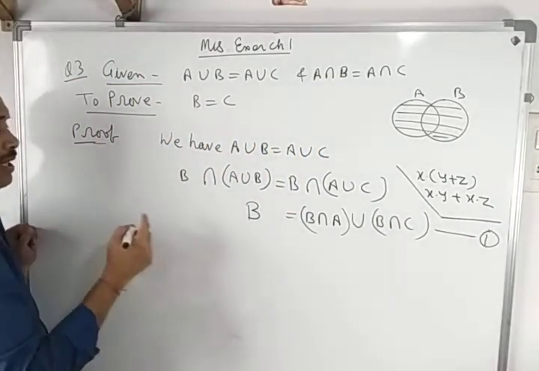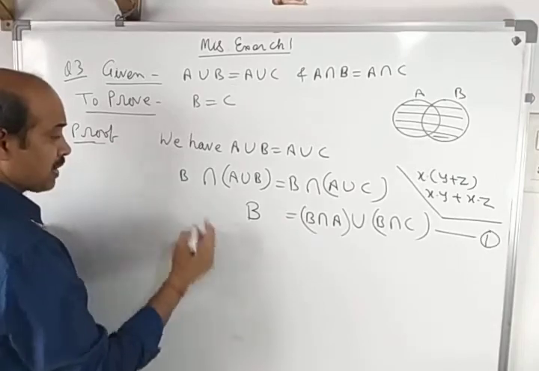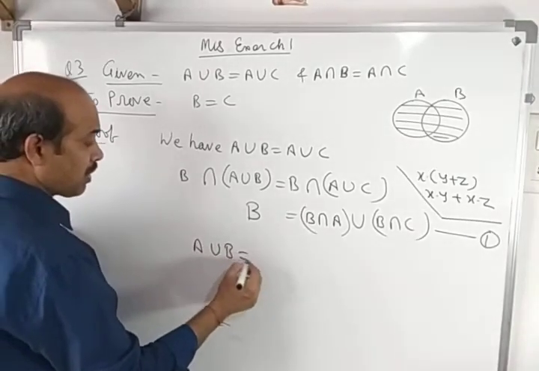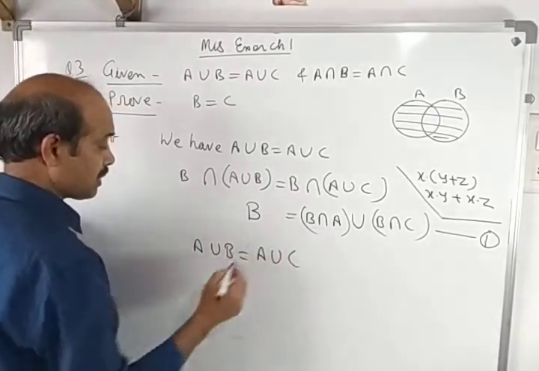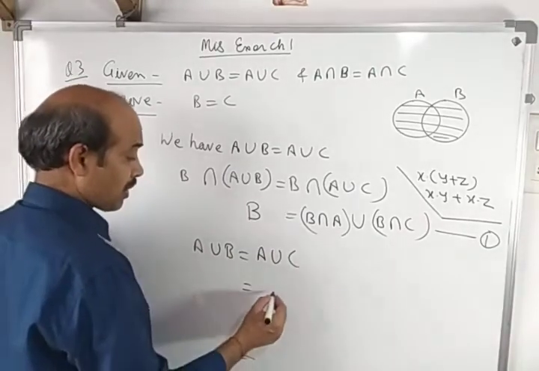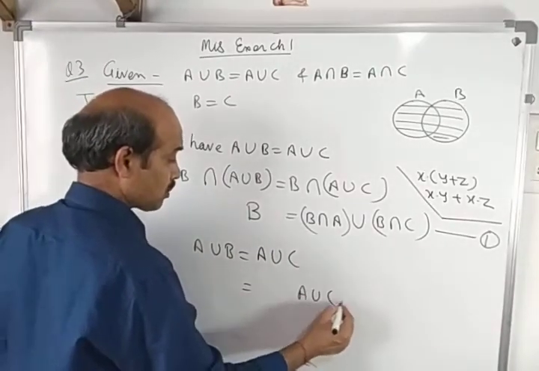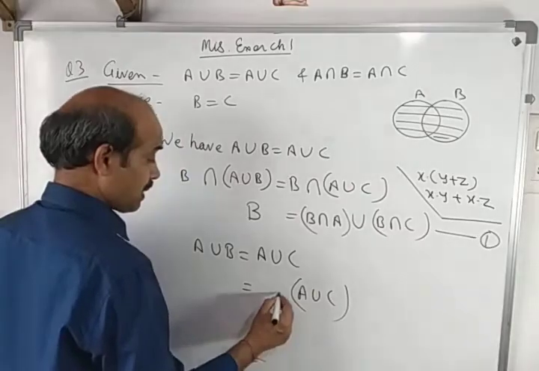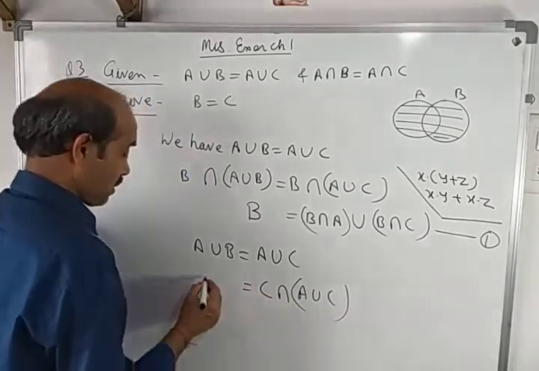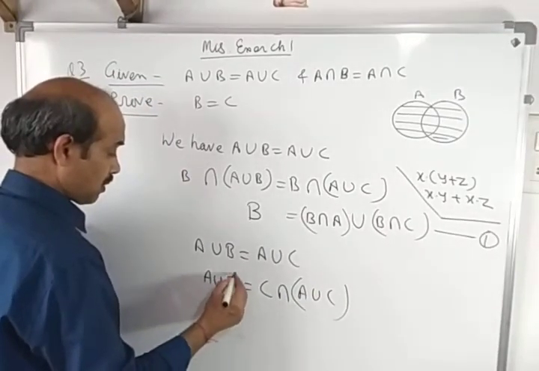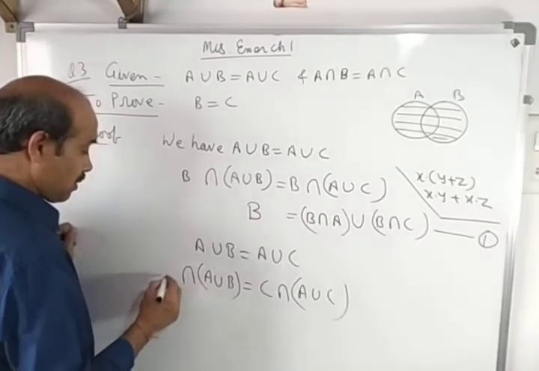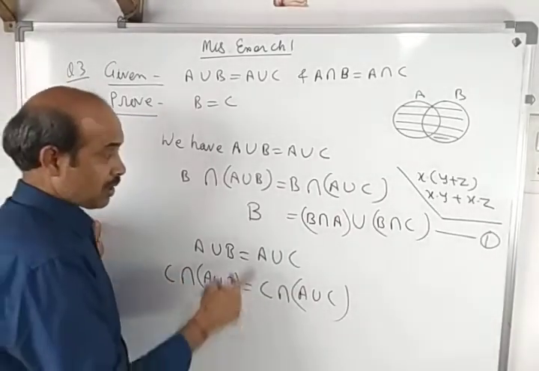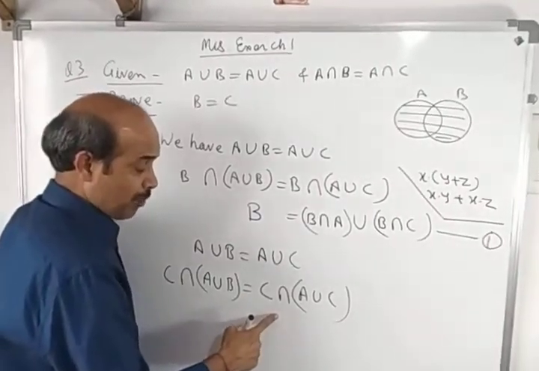Similarly, we will do the similar procedure with C, that A union B is equal to A union C. Now taking intersection with C, the similar rule and property will be applicable.